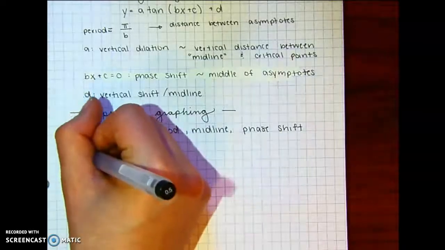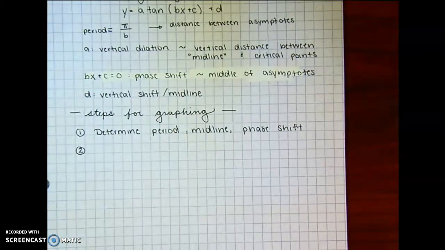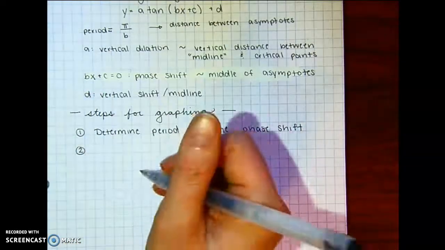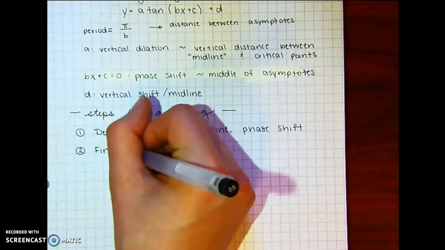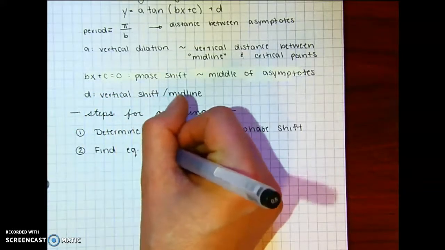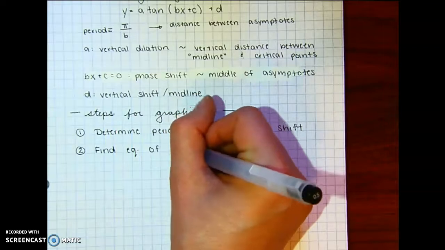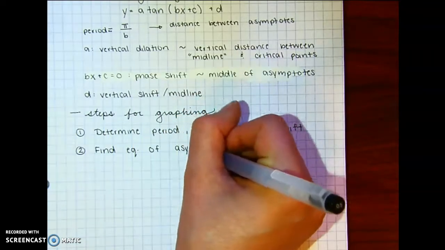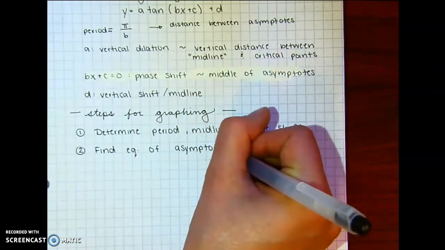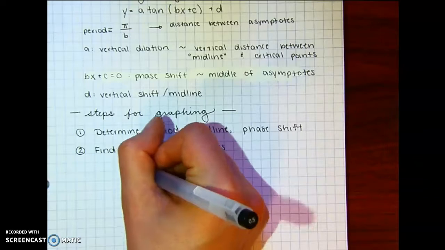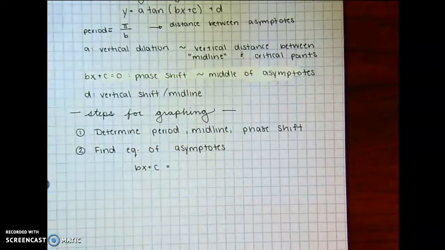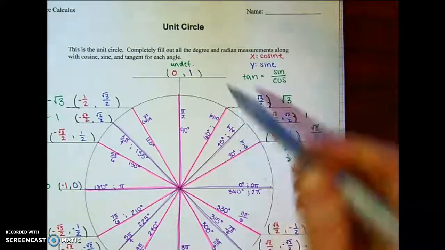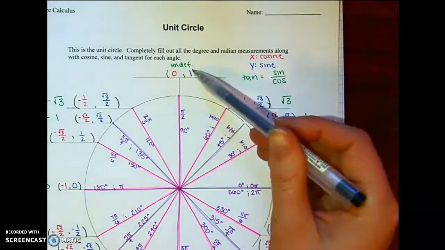The second thing you want to do is find the equation of your asymptotes. To do that, you're going to do bx plus c. But instead of equaling 0, you're going to set it equal to pi over 2, because that's where you're undefined.